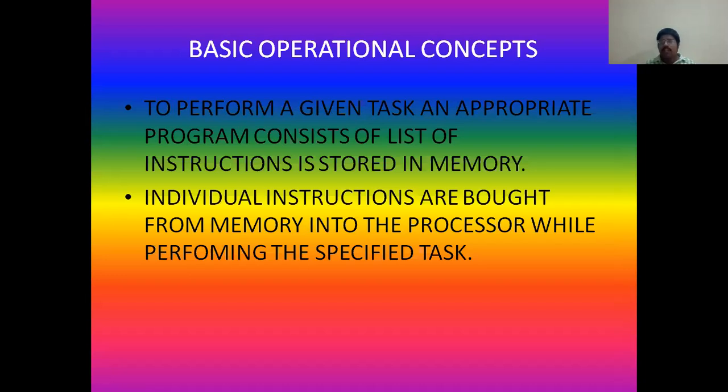For example, if I want to add two numbers, 8 and 9, or if not, take two numbers 2 and 3. If I want to add the two numbers, one is 2 and the other one is 3, how can I add these two? It is not like performing some addition in our calc and entering 2 and plus symbol and 3 and pressing equal to will give 5 as output.